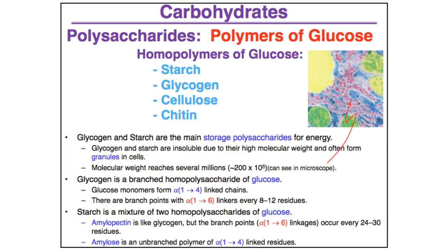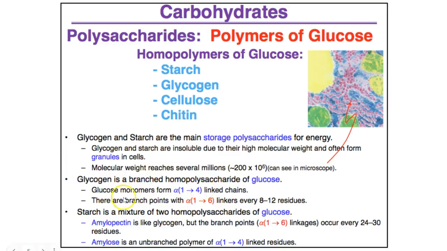As far as glycogen, this is a branched homopolysaccharide of glucose, where the monomers are formed in a 1 to 4 chain. So the anomeric carbon of one glucose is joined to the 4th carbon of the second glucose monomer.